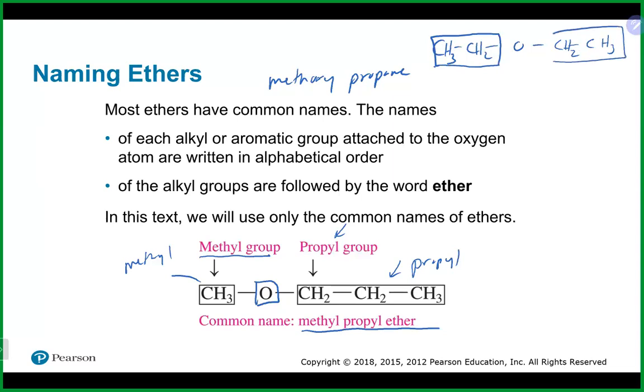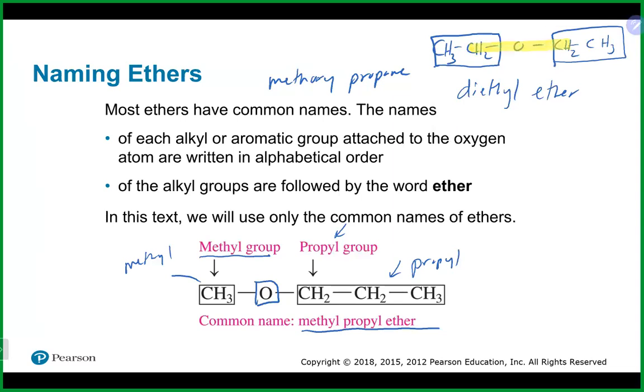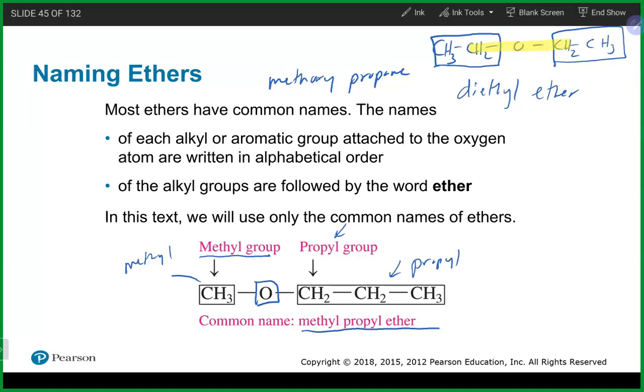And we have another ethyl group here, and that would be diethyl ether, as our ether group is located right there in the center, where we have our carbon, oxygen, carbon. Basically, right there is our ether group.